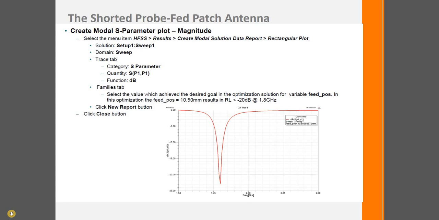Solution setup 1, sweep 1, domain sweep, and category as parameter, S11 in dB, and in the families tab you can select the value which is your desired goal in optimization. But if you don't check the families tab, it's going to be the optimum value, because the optimum value updates the variable.